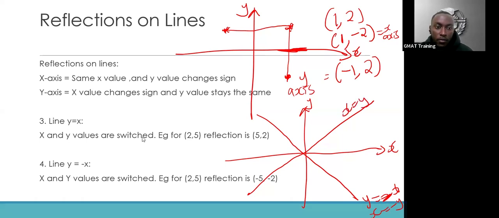If you reflect on the line y equals negative x, the values of x and y are switched and the sign changes. So the same point 2, 5 reflected on y equals negative x becomes negative 5, negative 2. Switched and the sign changes for both.